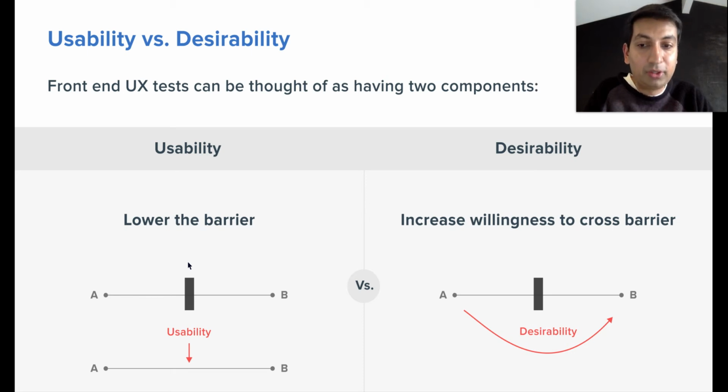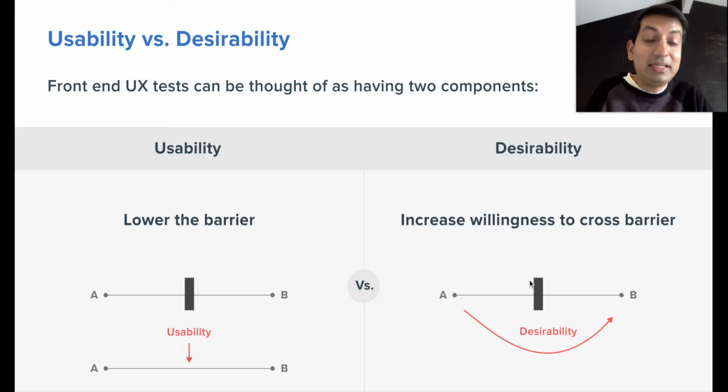Usability, the way you can visualize it, is reducing that barrier, right? So there's some desire to get from here to here. We're just going to reduce some of the barrier and friction. And I'm going to show some examples of that. But that's tweaking and changing the web UX to reduce the barrier so it's easier to get from point A to point B. Versus in desirability, it's increasing the willingness to cross the barrier regardless of how many barriers exist.